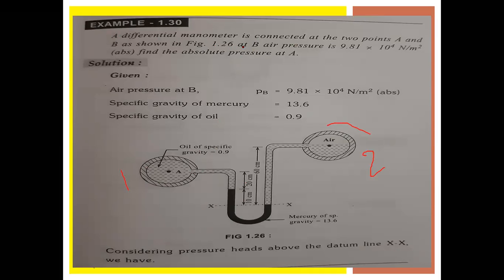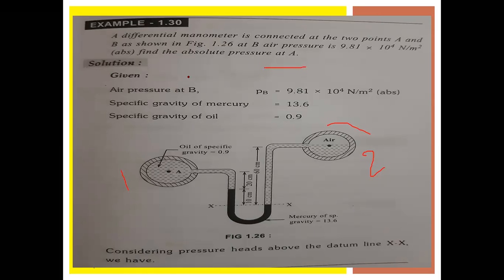Now at B the air pressure is 9.81 into 10 to the power of 4 Newton per meter square. Find the absolute pressure at point A.